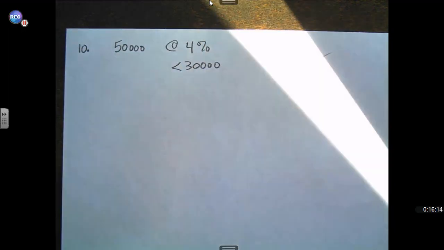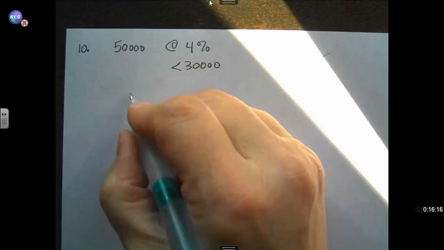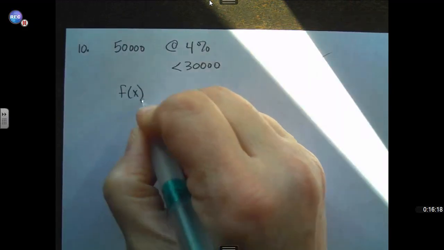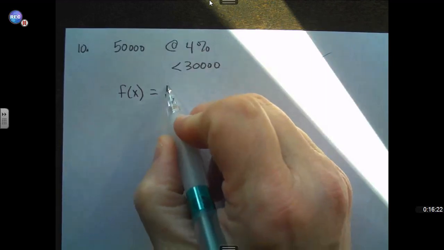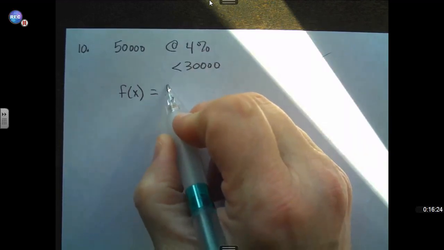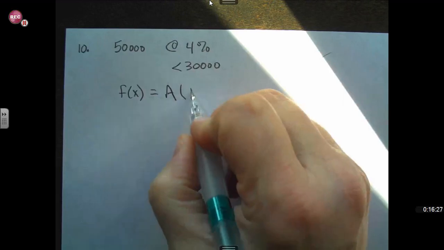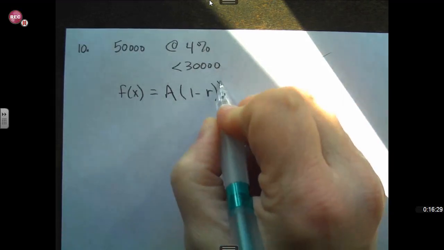Okay, so again, we're going to use f of x. This is just exponential decay: a times the quantity 1 minus r to the x.